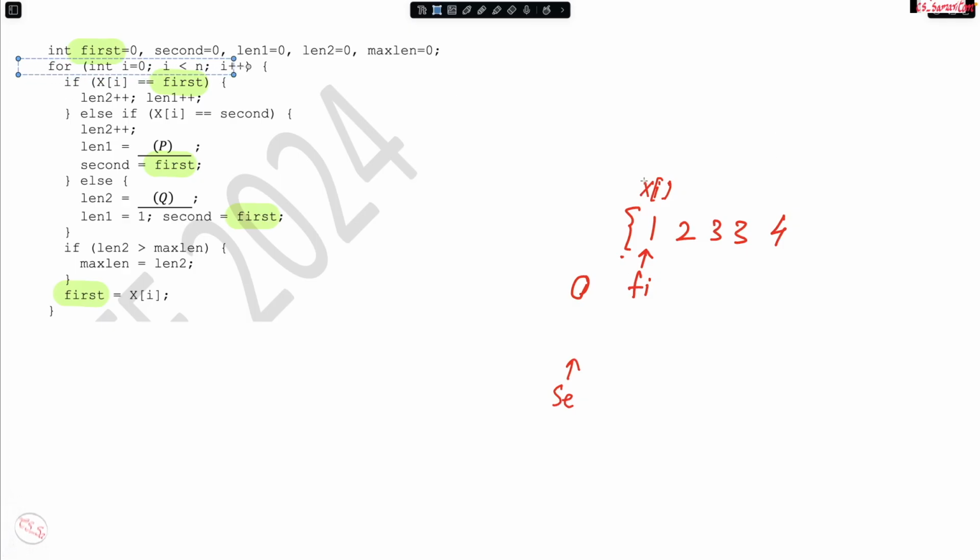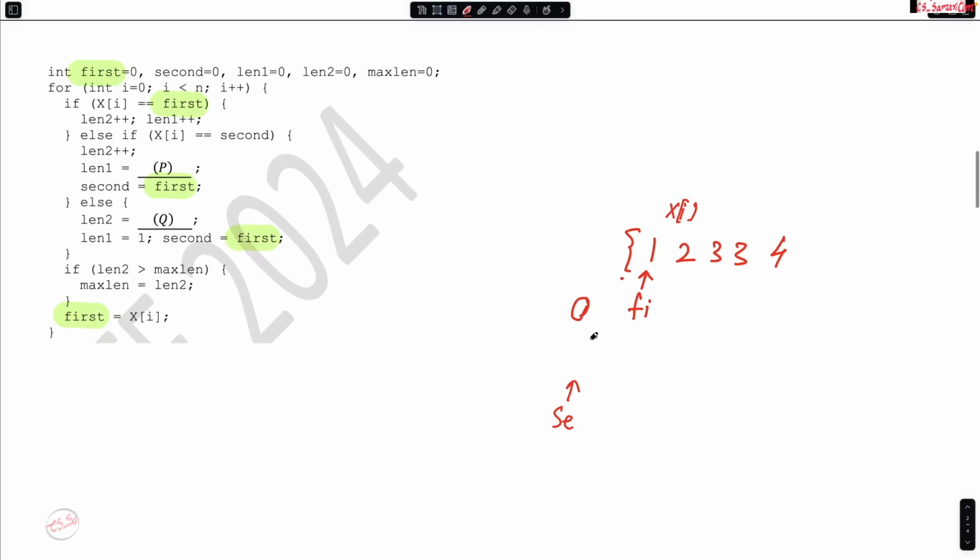At that point, xi is going to be pointing to the next one. So we can understand that first is basically holding the value that xi was holding just before. Because this statement is outside of any if condition, first will always hold the value of the variable that x had in the previous iteration. That is the intent of first.